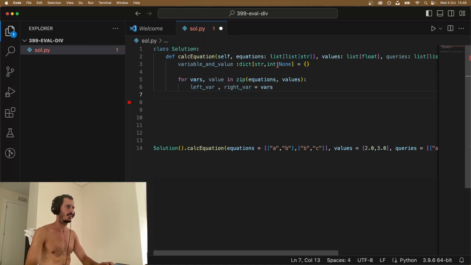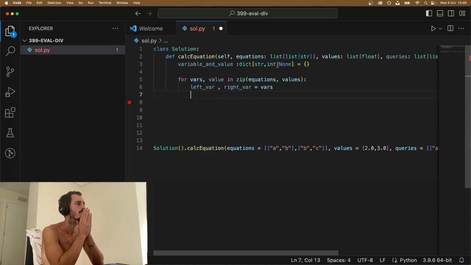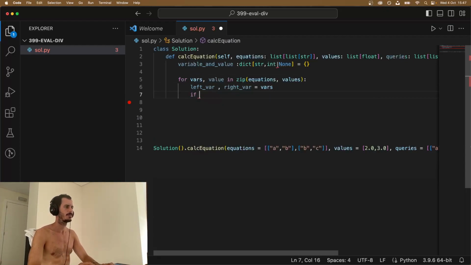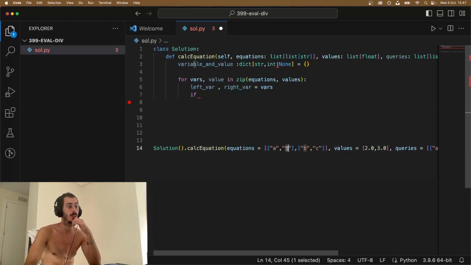And what I can say is, if we know A, but we don't know B, but we have a value, we can calculate B knowing the value of A. So it's like A over B is 2, so that means that A over 2 is B. This is 10 and this is 5. 10 over 5 is 2. So 10 over 2 is 5.